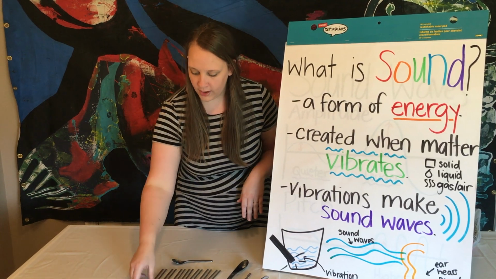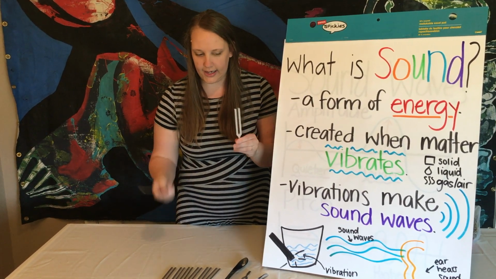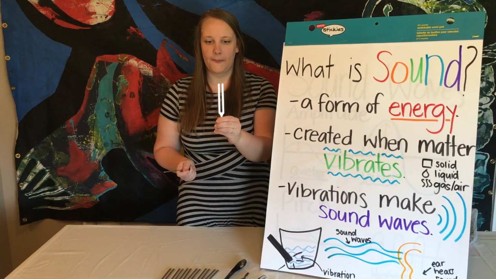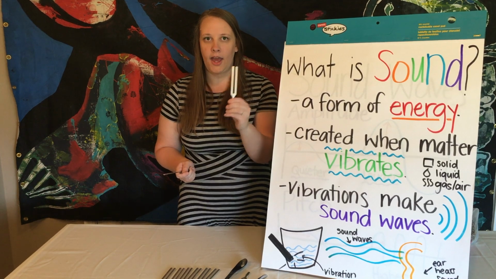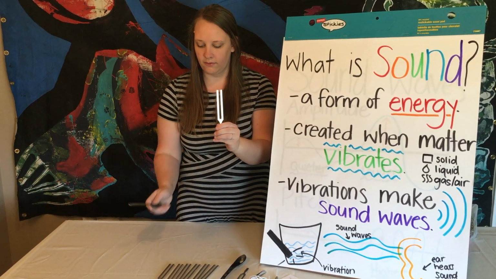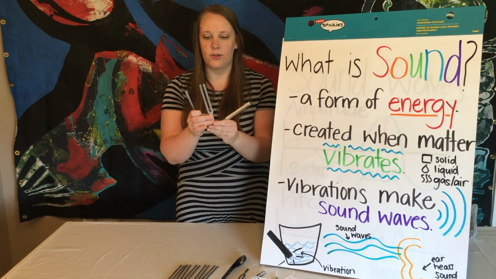So we looked at tuning forks last week, and I hit it and it made a noise. And what I want you to think about is this sound that you hear, and then we're going to listen to a different sound.